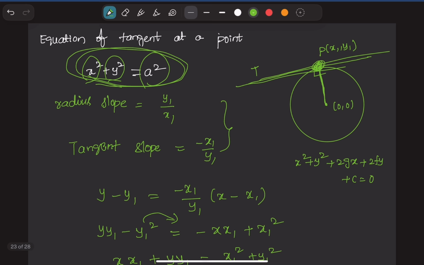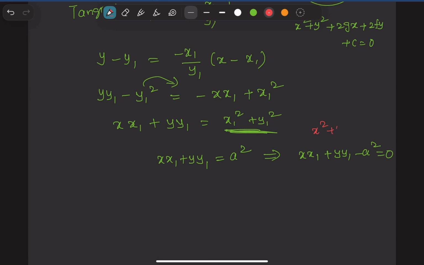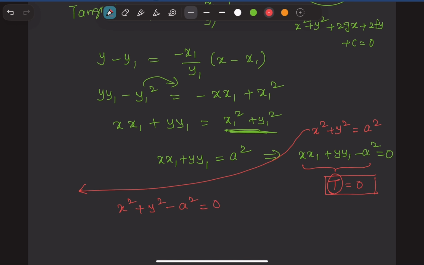Now if you consider your circle equation given, x square plus y square is equal to a square, this expression is denoted by T. We will use this convention throughout circles. So how do we get T? Take the circle equation, which is simply x square plus y square minus a square is equal to 0.